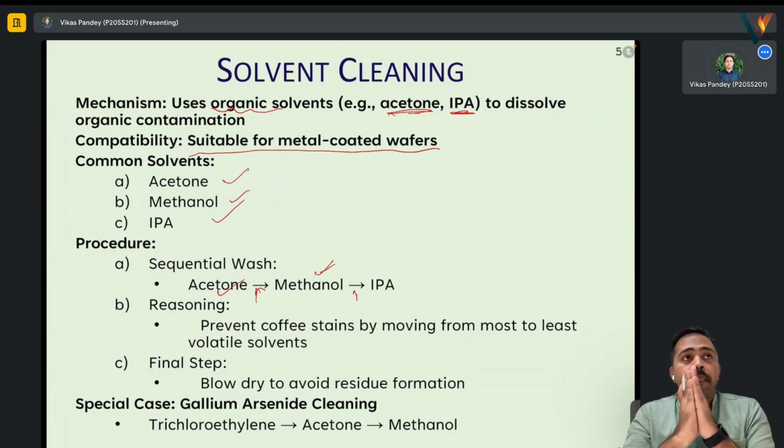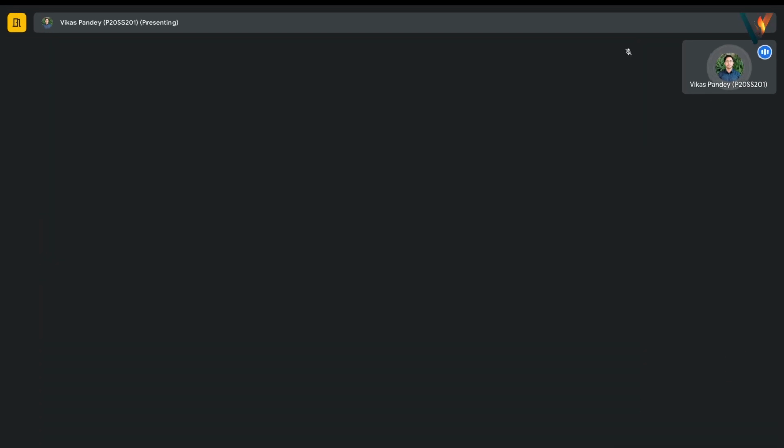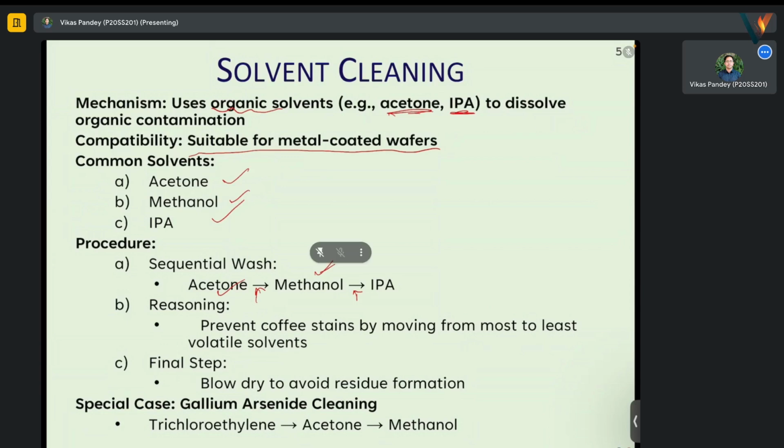And why is it that we are going in this sequence, and not doing it in any other sequence? We are removing the stains by moving from the most to the least volatile solvent.